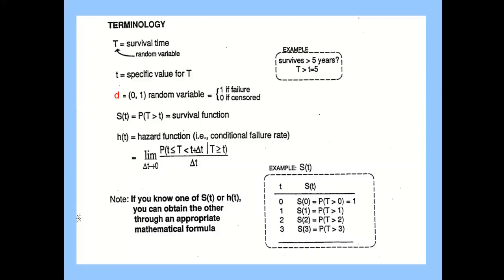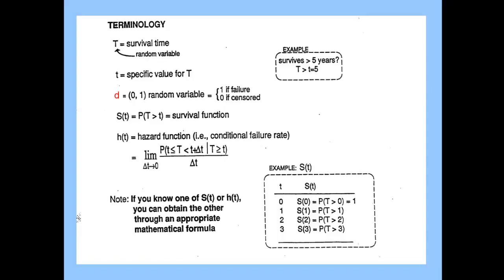What the limit's doing is saying, we're talking about a small unit of time from a time t. And what we're saying is, what if we get closer and closer to time t? What's the probability that somebody fails in a small time unit beyond time t per unit time as that unit gets smaller, as we get closer and closer to t?